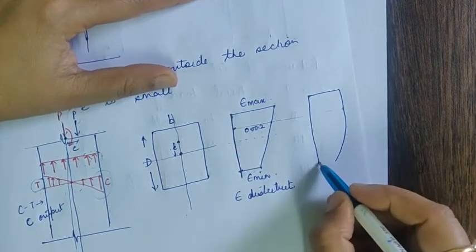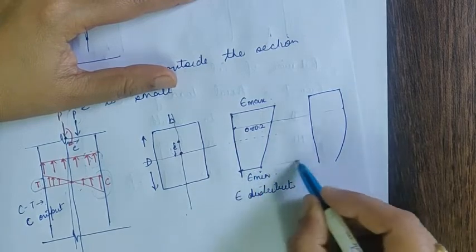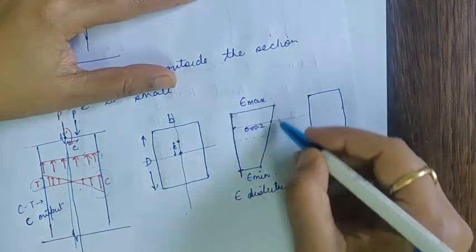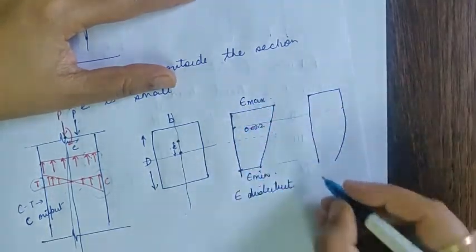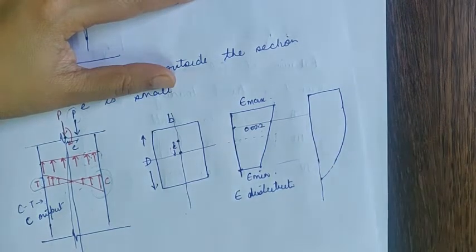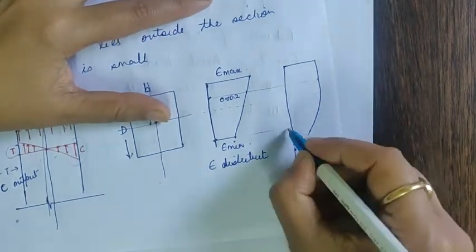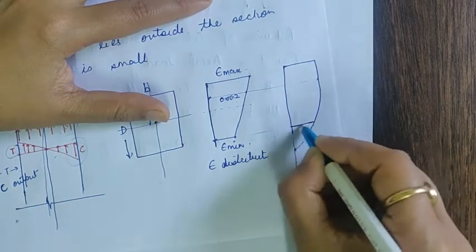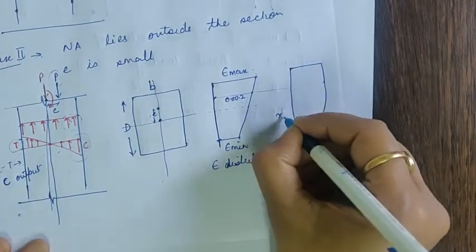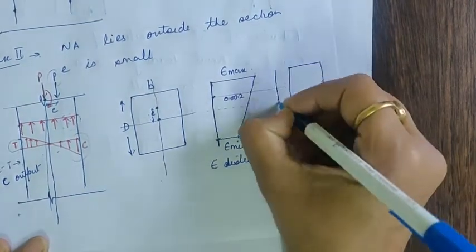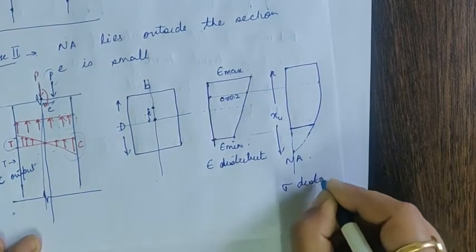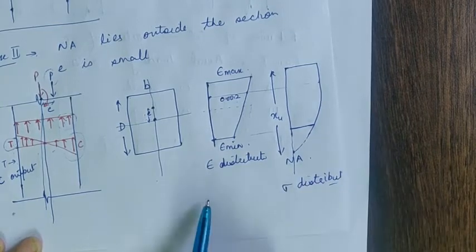Now we will not have zero of this particular parabola anywhere in the column because the whole of this is under compression. There is no zero strain, there is no tensile strain. So what does it mean? Your neutral axis, or the point of the parabola, will lie outside the section. So this is the neutral axis. So neutral axis is lying outside the section. This is the stress distribution. This is the strain distribution.